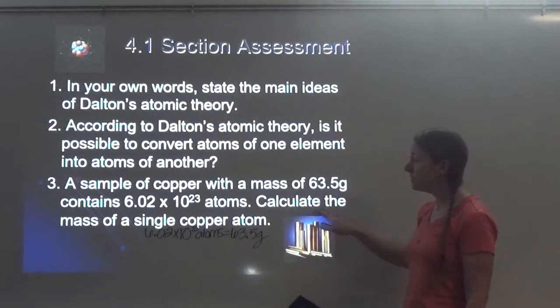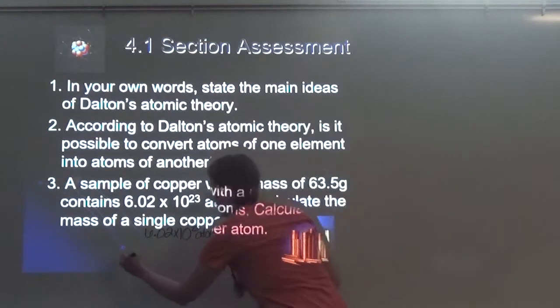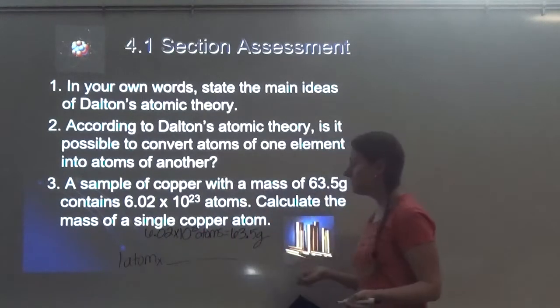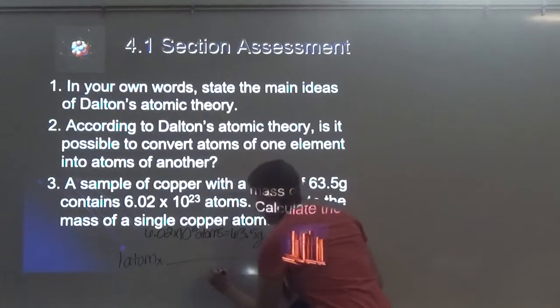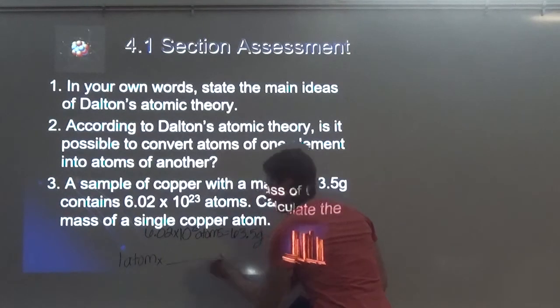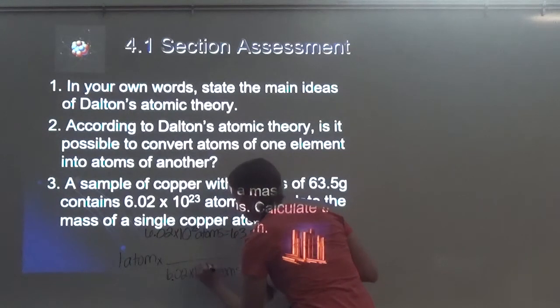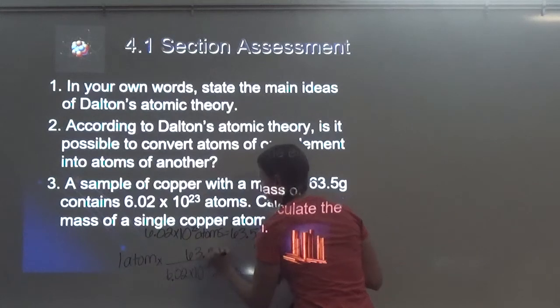So it says calculate the mass of a single copper atom. So we have one atom. And so then I just follow my golden rule. Atom is on top, so I'm going to put my atoms on bottom. How many? My 6.02 times 10 to the 23 atoms. That equals 63.5 grams.